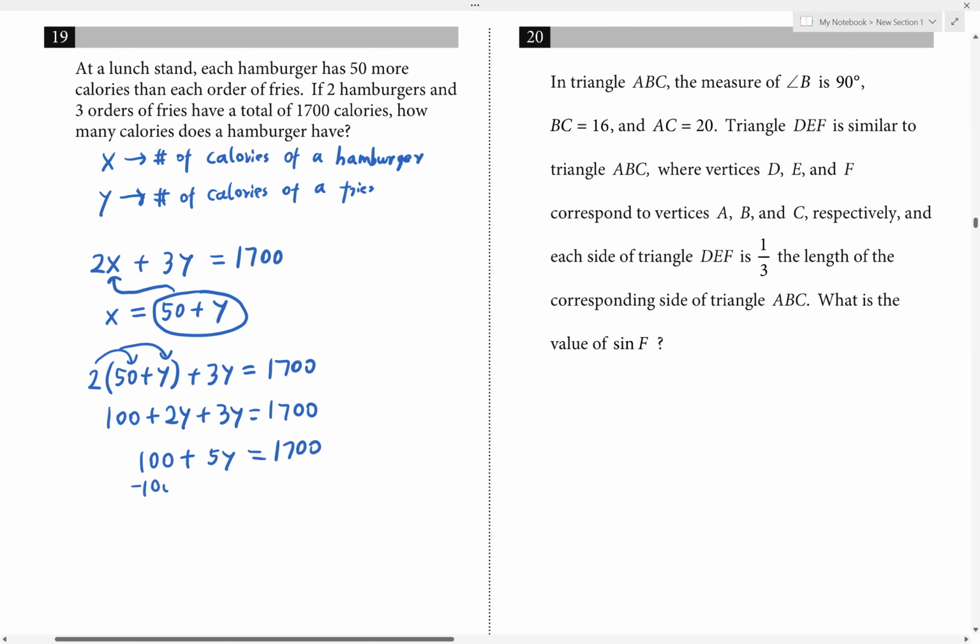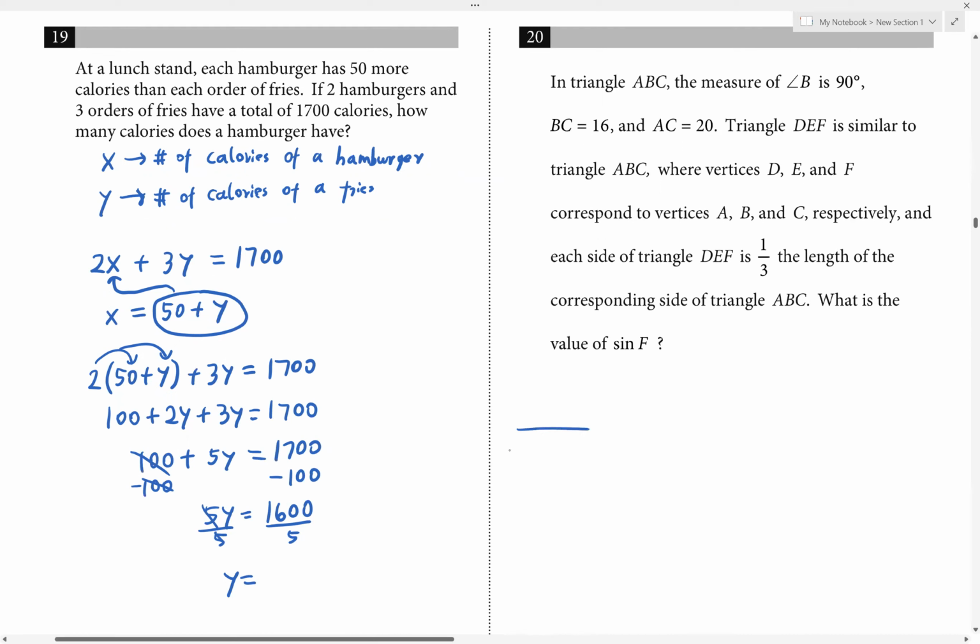We can subtract 100 on both sides, and we get 5y equals 1,600. To solve for y, we divide by 5 on both sides. So 1,600 divided by 5.